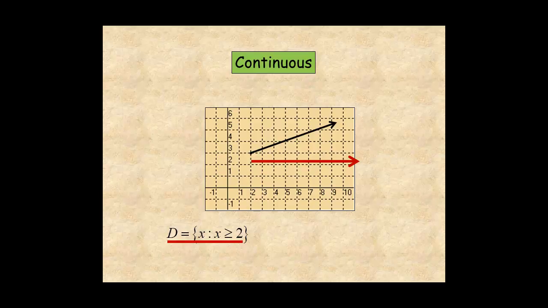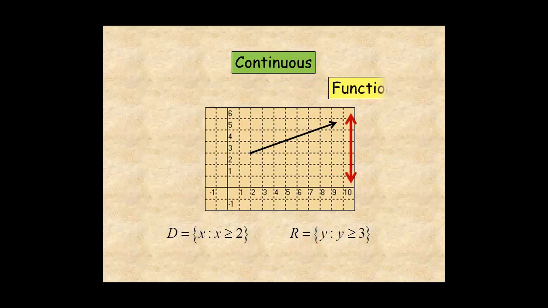Along the y-axis, the relation is defined everywhere above y equals 3. So the range is y greater than or equal to 3. Since the graph passes the vertical line test, the relation is a function.